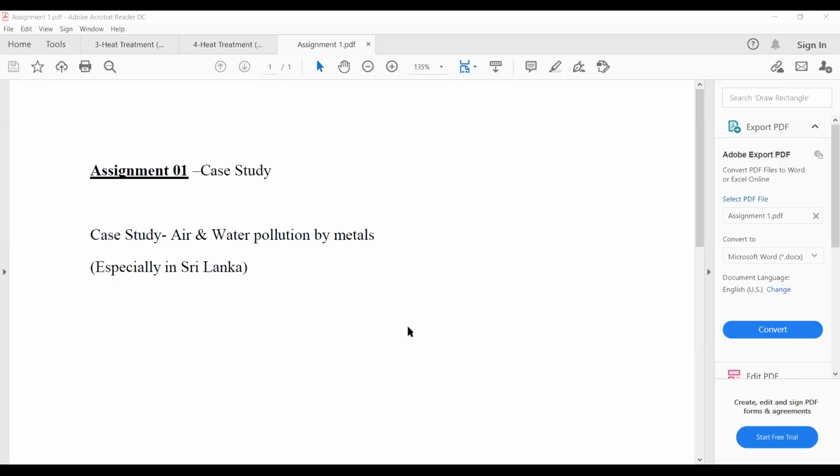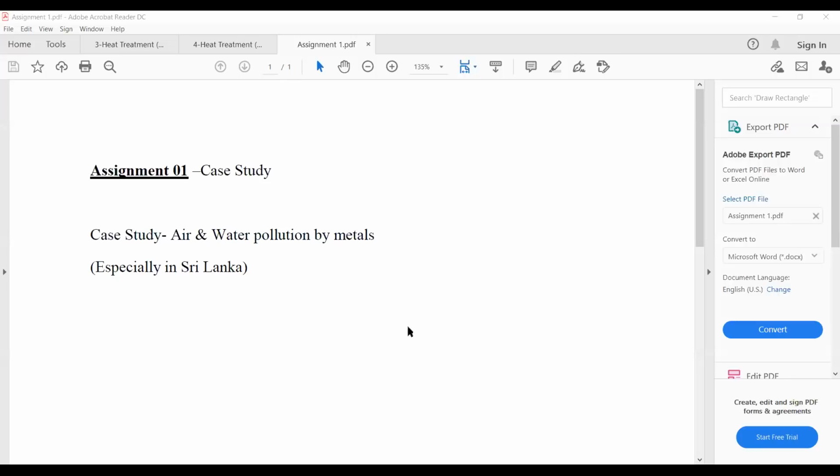Third, you can add any pictures, that's your option, up to your wish. You can draw a flow chart if you need to describe the pollution, or a diagram or schematic diagram. Whatever it is, you can add it.